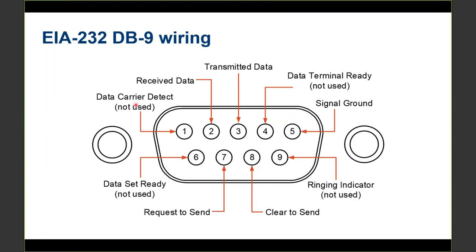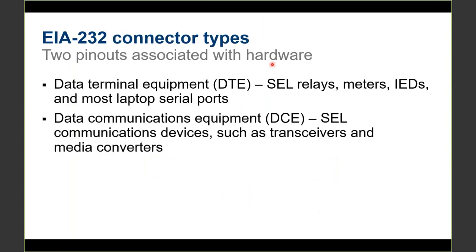But here's the pins, those 9 pins. Again, we didn't bring over the synchronous mode pins because those are rarely used for the communications that we use for SEL equipment. And we're going to go over these pinouts and their uses in detail coming up.